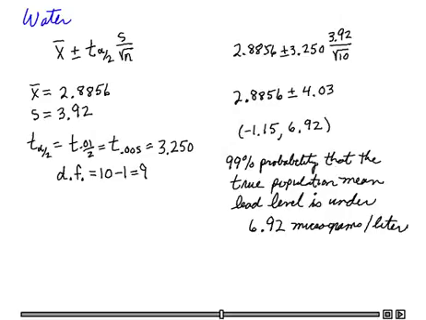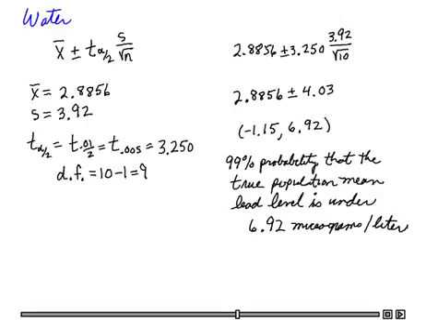Notice that I interpreted the confidence interval as just under the 6.92 micrograms per liter. It doesn't really make sense in the context of this problem to think of negative lead amounts. So I just basically started the confidence interval at 0 up to 6.92.